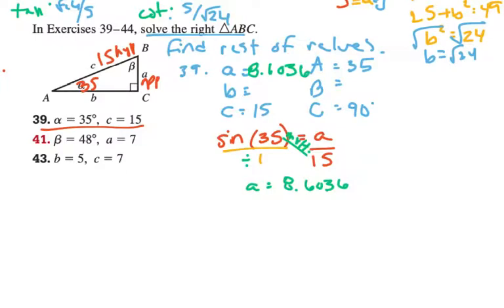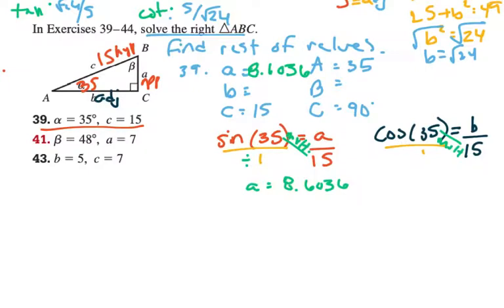Alright, and then the next one, we're going to do the same sort of thing, only now I'm trying to find the adjacent side, given the hypotenuse. So I'm going to do cosine of 35 equals B over 15. But of course that's over 1 as well, and so we'd multiply the diagonal.